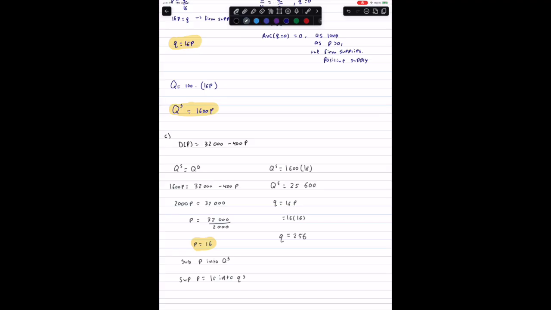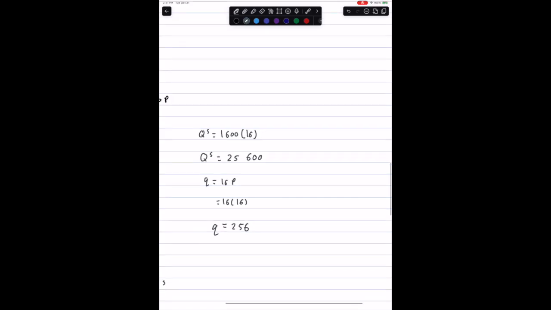So therefore, the individual firm supplies 256 units at the price equal to 16. And the market, because there are 100 firms in the market, is going to supply 25,600. Again, we know that market supply is 25,600. We know there's 100 firms in the industry. If we do the division, we're going to get 256.